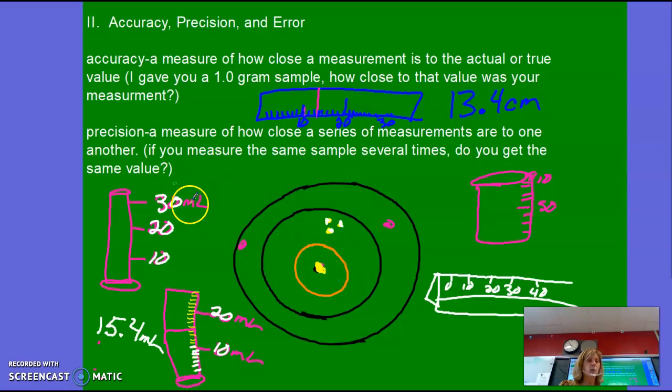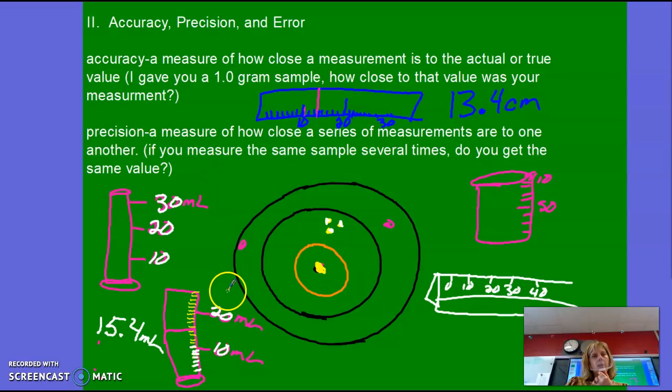And if it's not even close, if I give you 1 gram and you get 1.2, and the next time you measure that same sample you get 1.4, and the next time you get 1.5 or 1.7 or whatever, then I would say you are neither accurate, you did not weigh it to be 1 gram, nor precise, because you're not even getting consistently the same answer every single time.